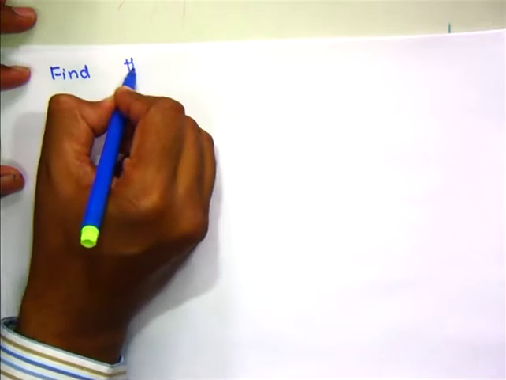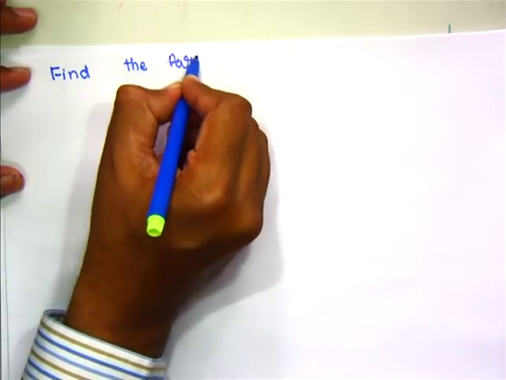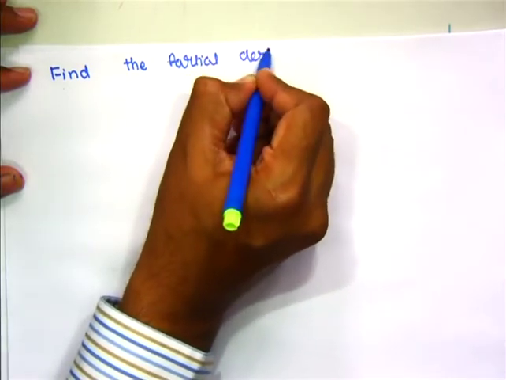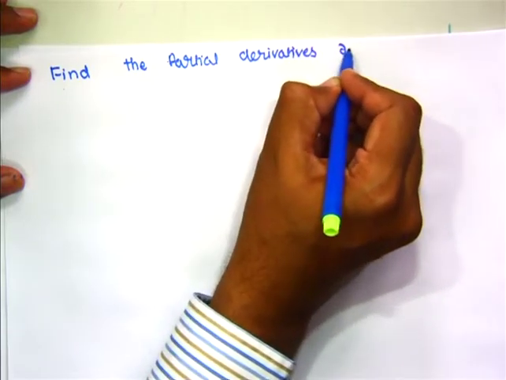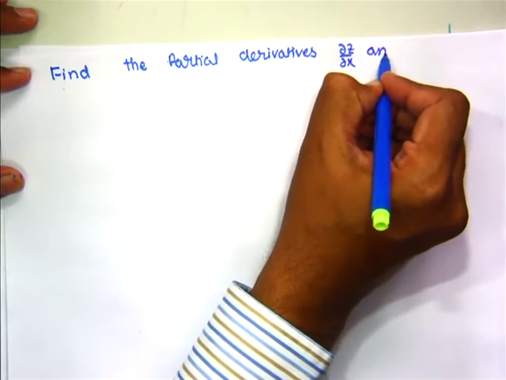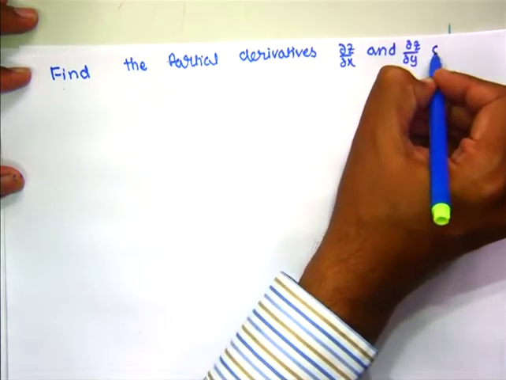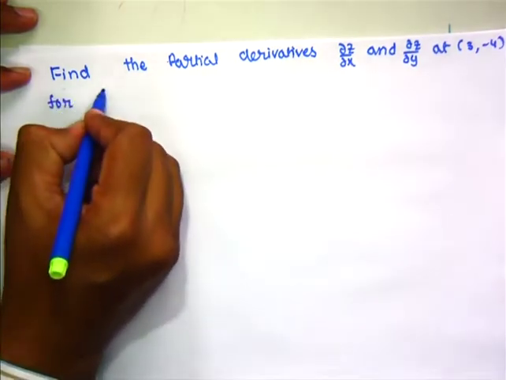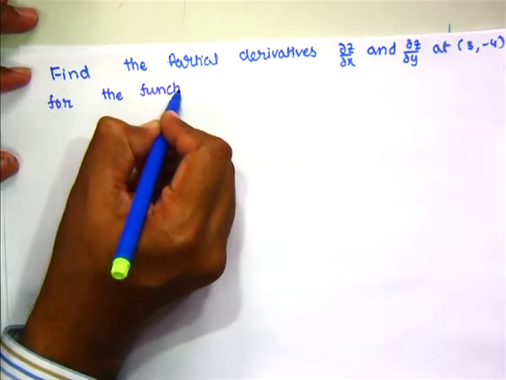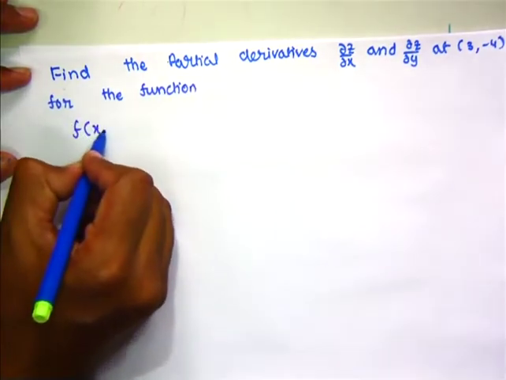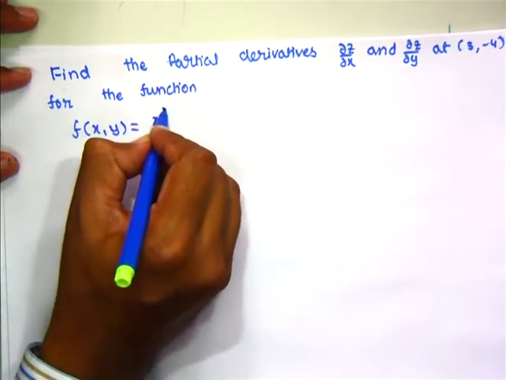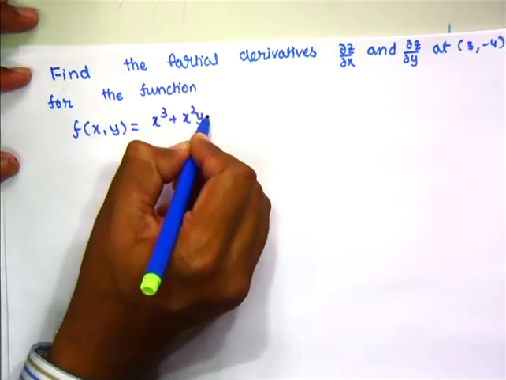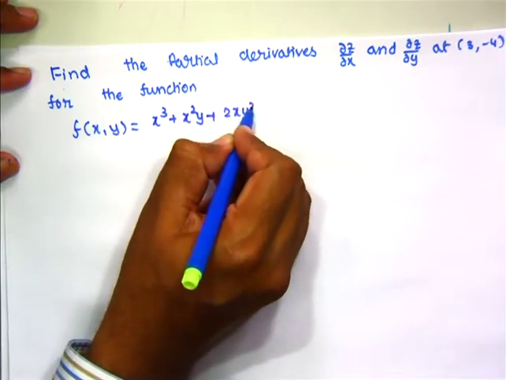First example, find the partial derivative del z by del x and del z by del y at (3, -4) for the function f of xy is equal to x cube plus x square y plus 2xy square minus 3.